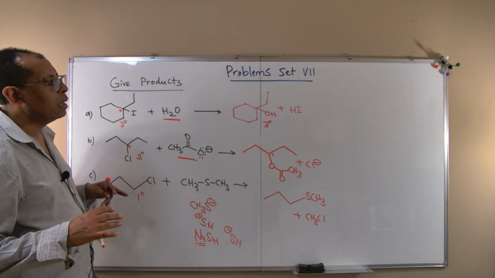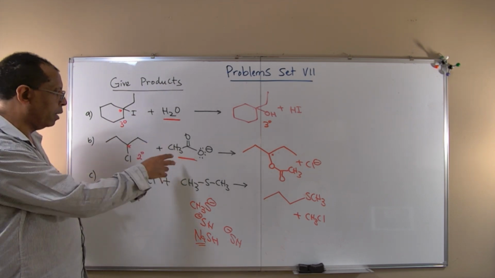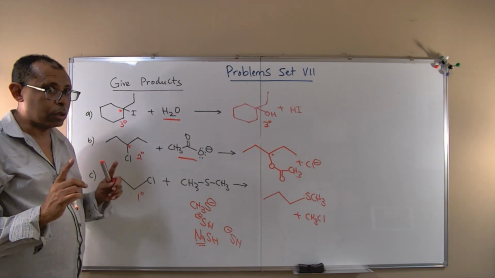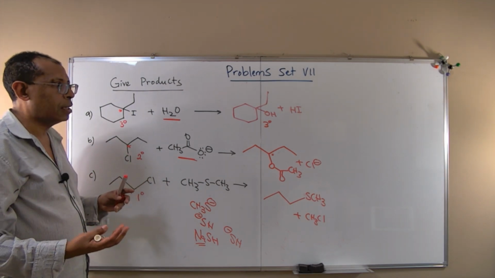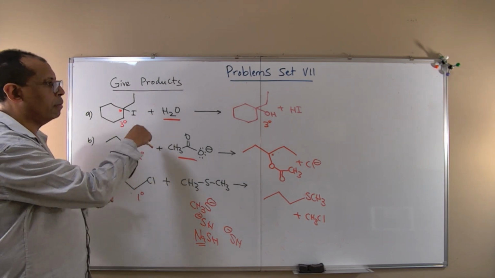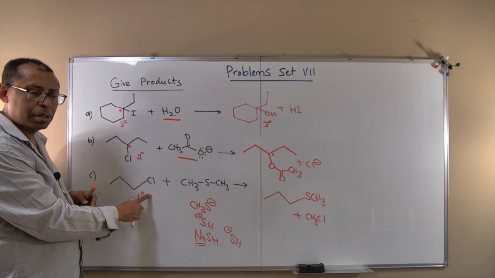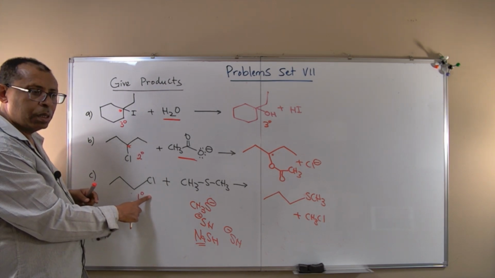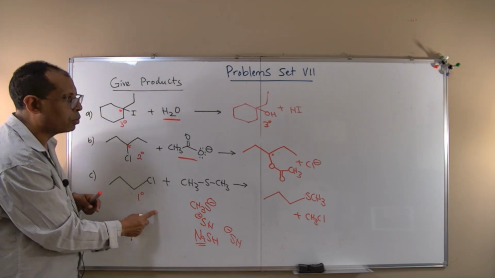So in the substitution reaction, the electrophiles and nucleophiles go through different mechanisms. We are not discussing that at this point, but what mechanism produced the third one is different. So the mechanism of substitution for this is different from this one.